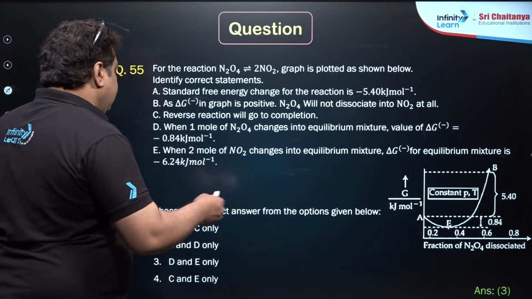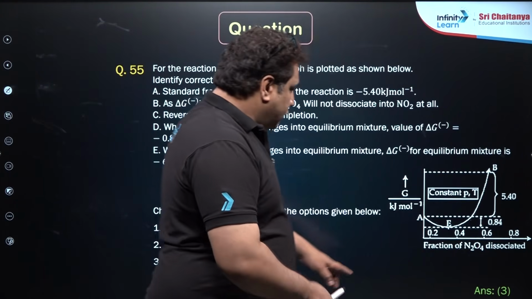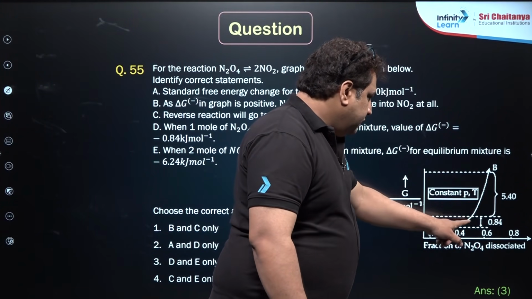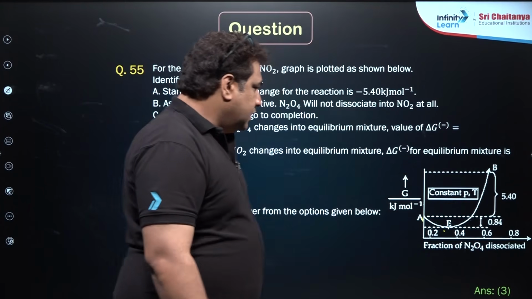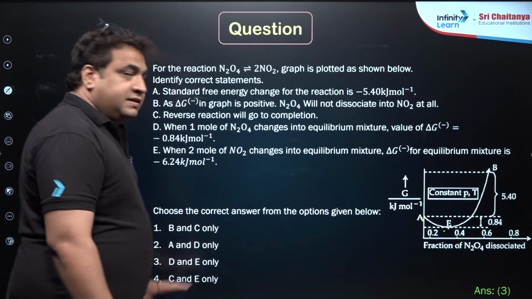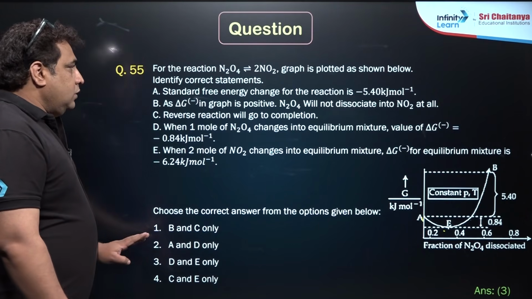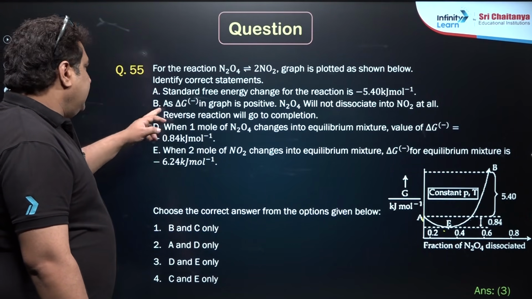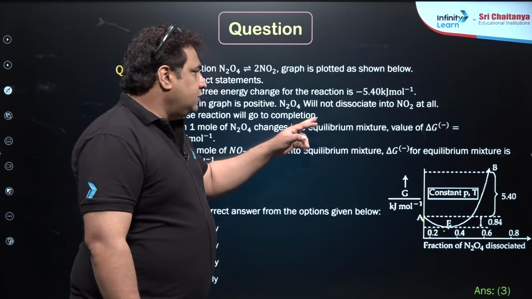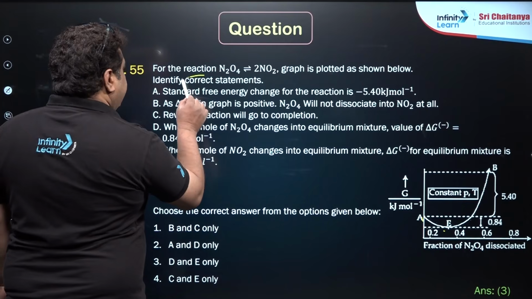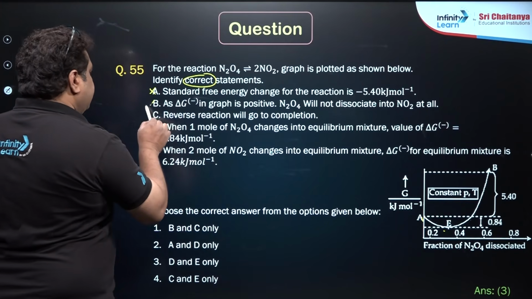In this graph you are starting from A and it is going up to B. Equilibrium is attained at the central position, and this is the fraction of N2O4 dissociated on a scale of one. Now, if delta G in the graph is positive, N2O4 will not dissociate, no, this is a wrong statement. What is he asking? Correct statements, sorry. So this becomes wrong.